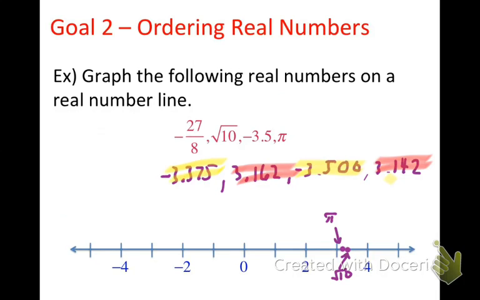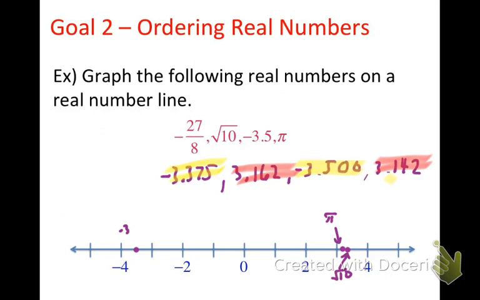Okay, and then for the two negative values that are really close to one another, remember that the larger the absolute value of the number is, the further to the left it goes on the negative number line if it's negative. So negative 3.500 would be further left than negative 3.375, which makes it the smaller one, by the way, doesn't it? Negative 3.5 is exactly in the middle, of course, between negative 3 and negative 4, so we'll say that's right there.